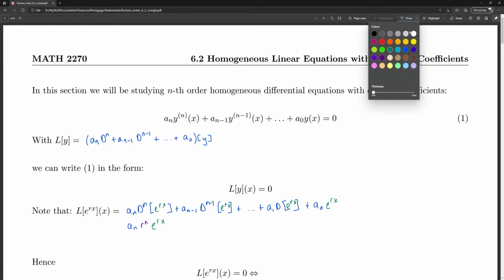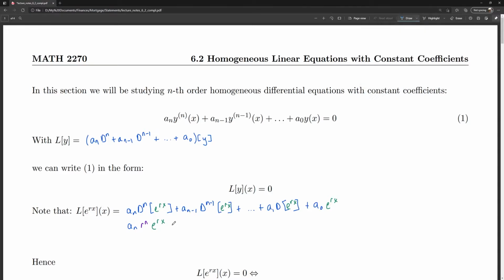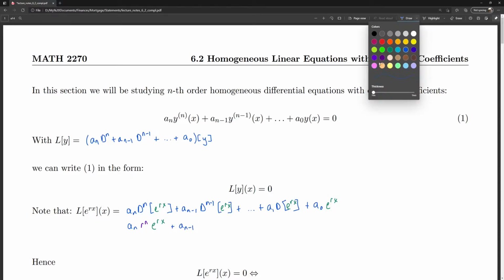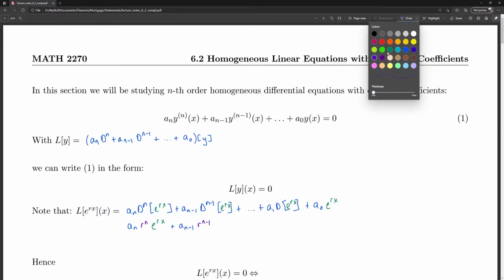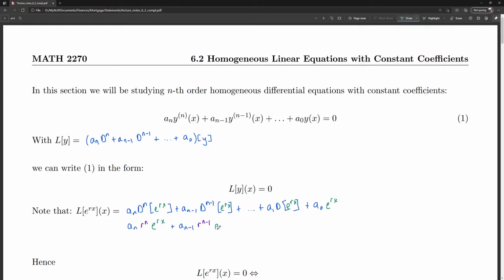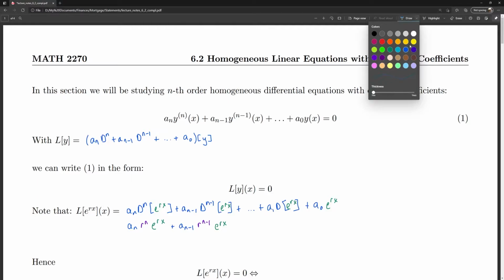And then for the second term, we have plus a sub n minus 1, and then times r to the power n minus 1 times e to the power rx. And then we can continue that.